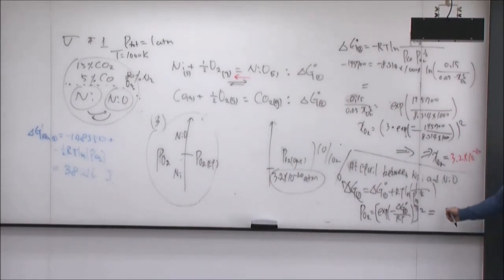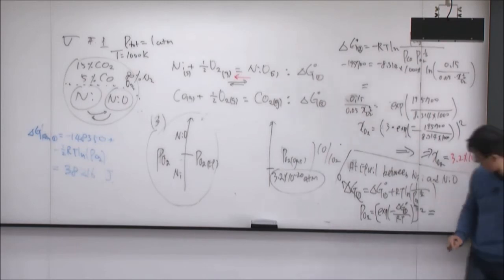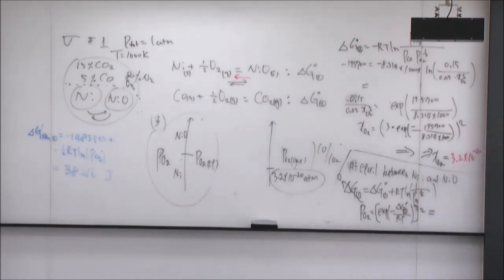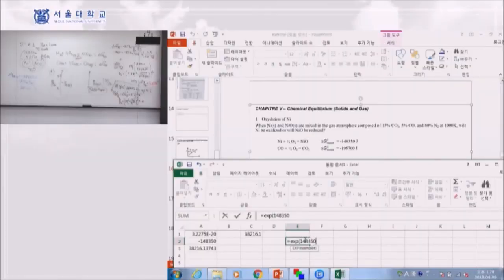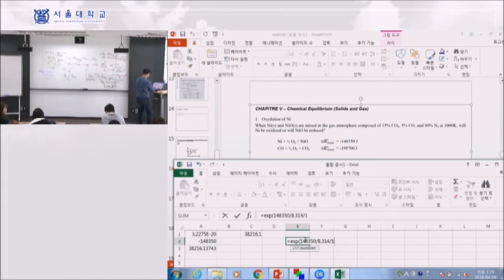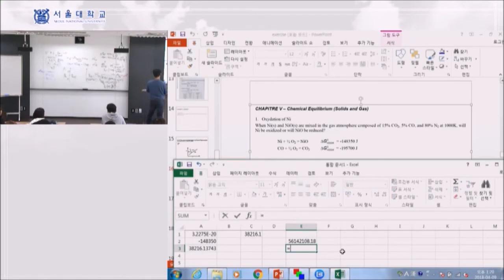Is this okay? Let's try to calculate this value. Delta G1, this will be the exponential of minus minus, so it should become plus, 148,350 over RT. Am I right?